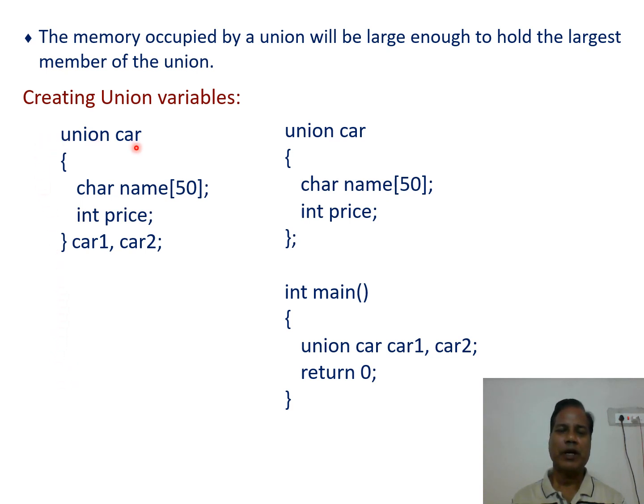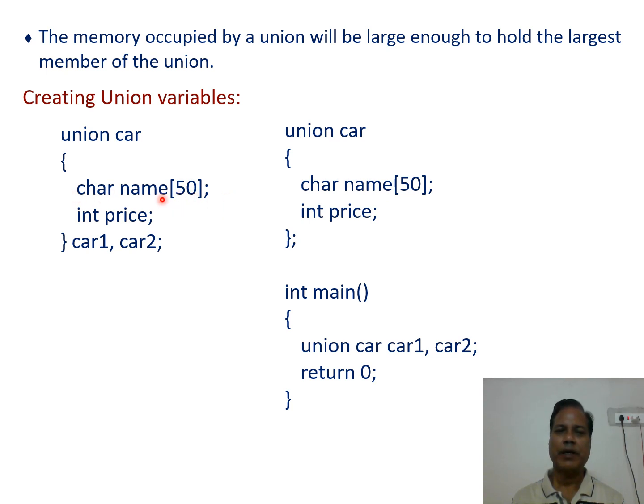Here union car: a union with the car tag is defined, and within the body there are member definitions, that is, we declare a number of variables to hold the data corresponding to the car.